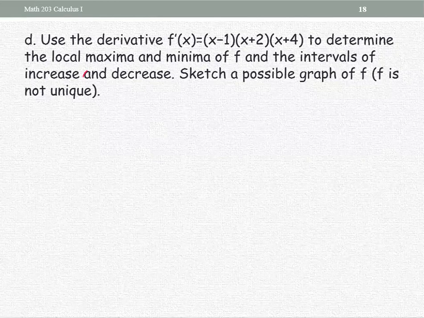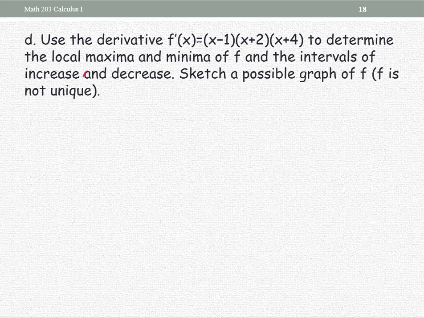In this example, we are going to use the derivative f prime equals the factor x minus 1 multiplied by the factor x plus 2 multiplied by the factor x plus 4 to determine the local max and local min of the function f and the intervals of increase and decrease, and then sketch a possible graph.